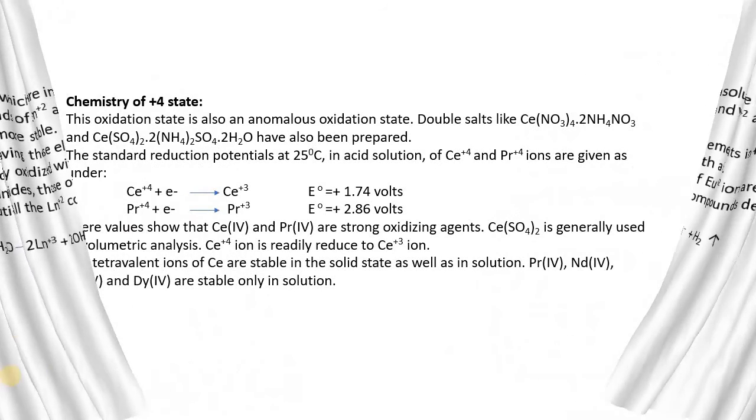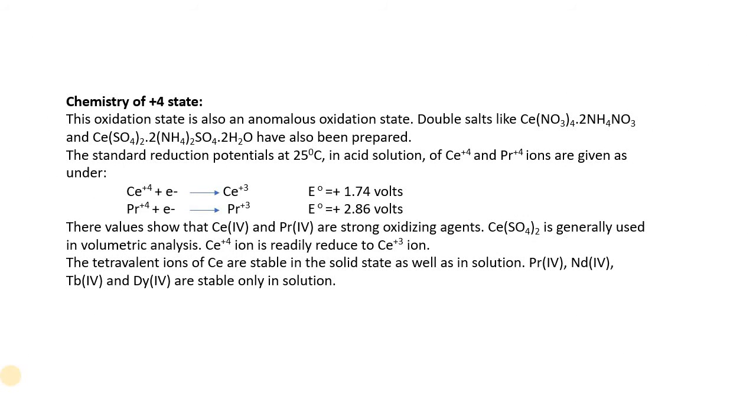Now, check the chemistry of the +4 oxidation state. It means a few lanthanides exhibit the +4 oxidation state in their compounds, especially the double salts. This oxidation state is also an anomalous oxidation state. It is not commonly occurring.